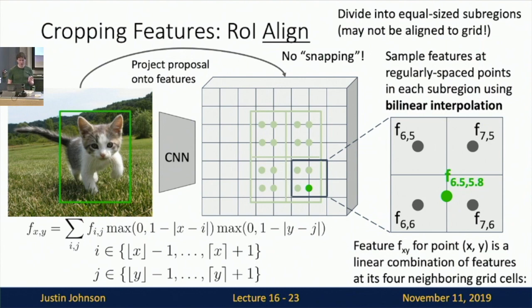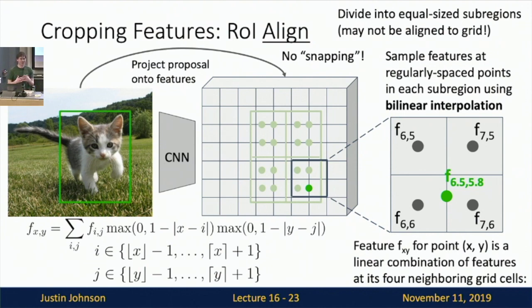So to zoom in on what that looks like for one sampled point: in the bottom right hand region, we wanted to sample 4 different points. Then we're going to zoom in at the bottom right hand point in that region to see what's going on there. Basically, we want to sample a feature vector from the image features at this real valued position 6.5, 5.8.